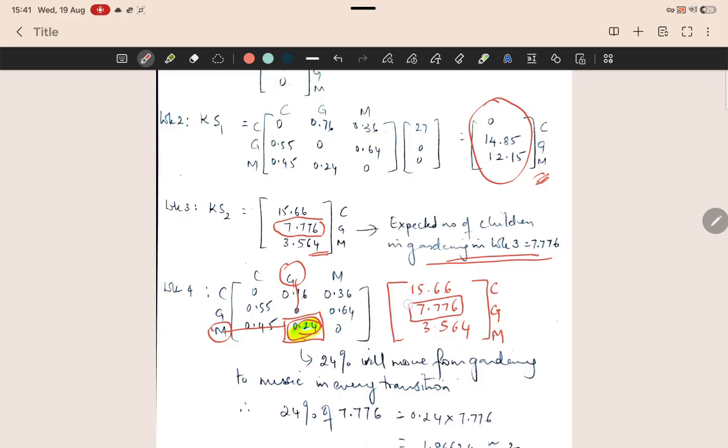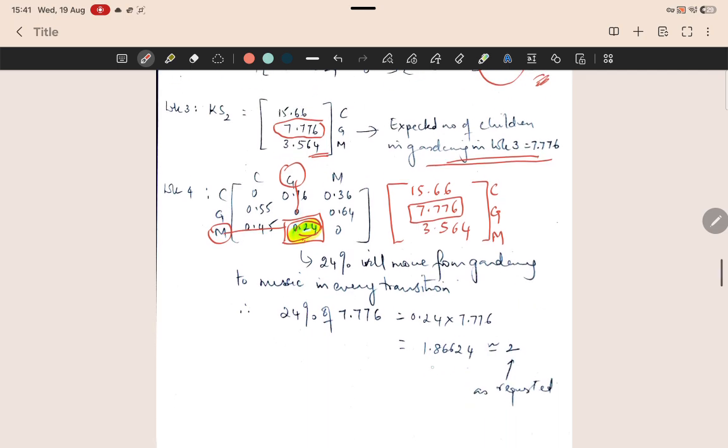So 24% of those in gardening will be moving to music. And so you calculate 24% of 7.776, and that gives you 1.86624, approximately 2 as requested.